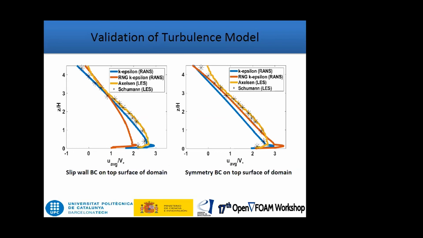When the top slip wall boundary condition was used, there is an error of 4% when compared with Axelsson, and 7.8% with the other reference. So I concluded that a slip wall boundary condition on the top surface can be used, and the K epsilon turbulence model is to be used to simulate the atmospheric boundary layer problem.